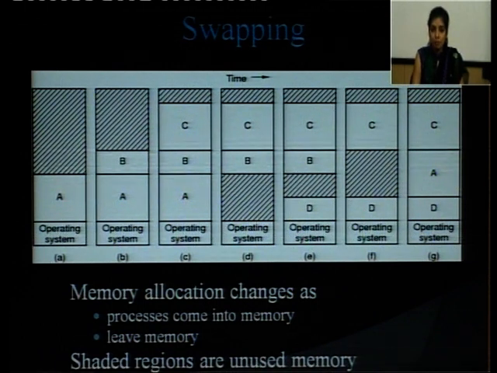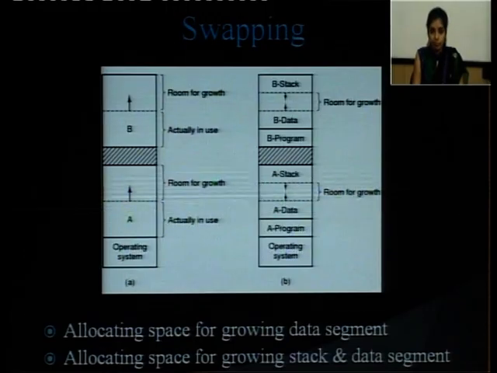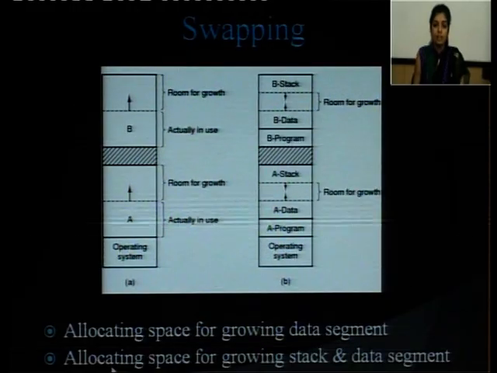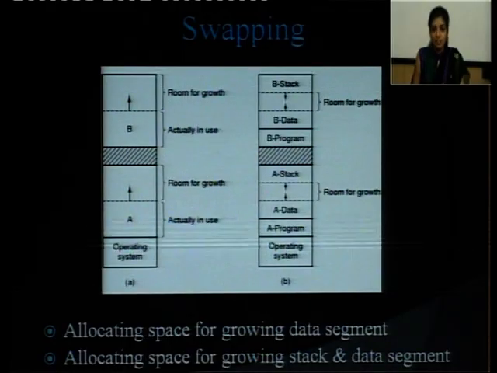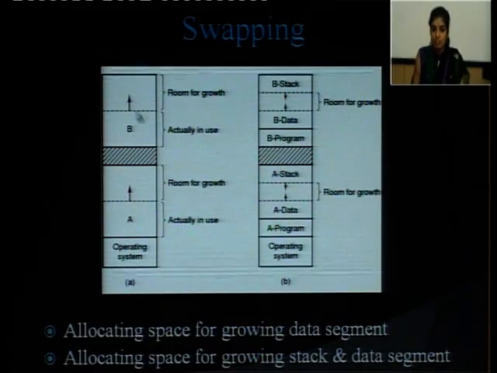Swapping actually means exchanging their memory space, like allocating space for growing data segments and growing stack. As the process increases its memory space, it will occupy more and more space in actual use.